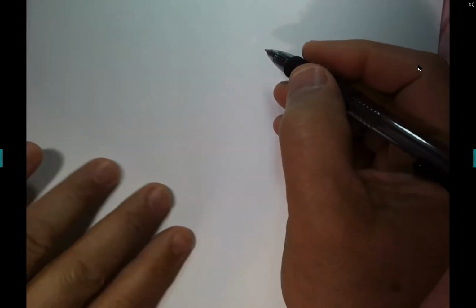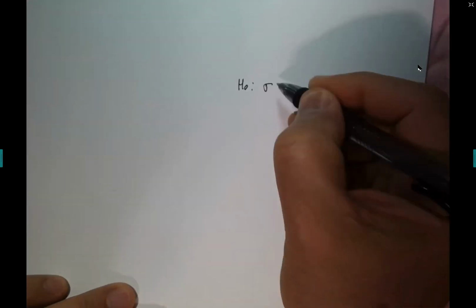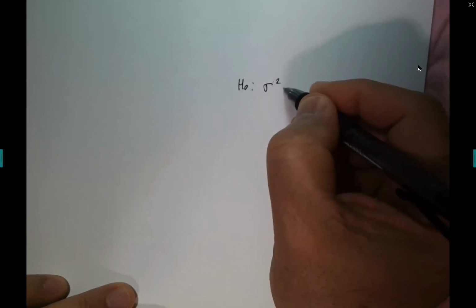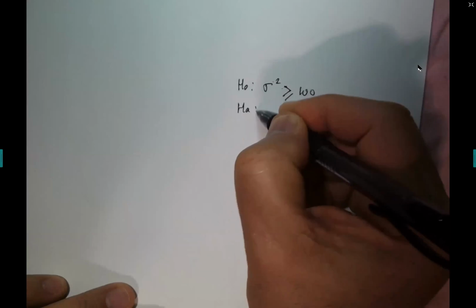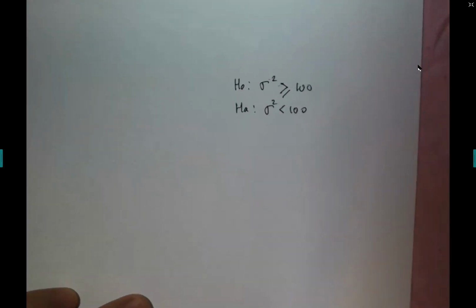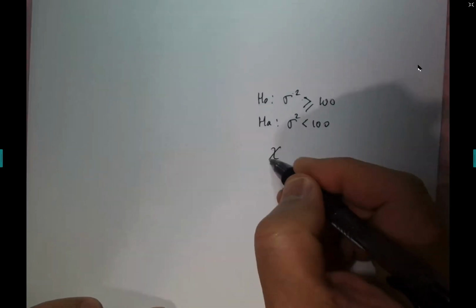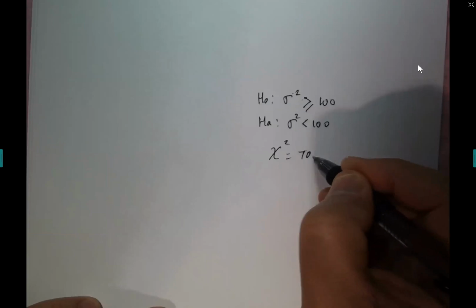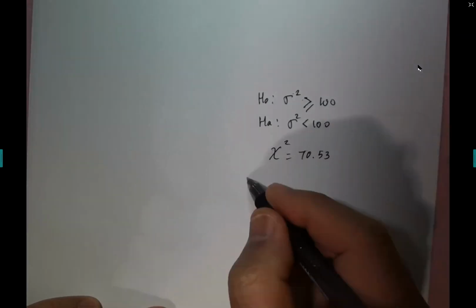So if this was a left tail test, let me show you what you asked me about. And we're doing just the variance. Let's say your chi-square turned out to be 70.53, and you want to run the calculator to find a p-value.